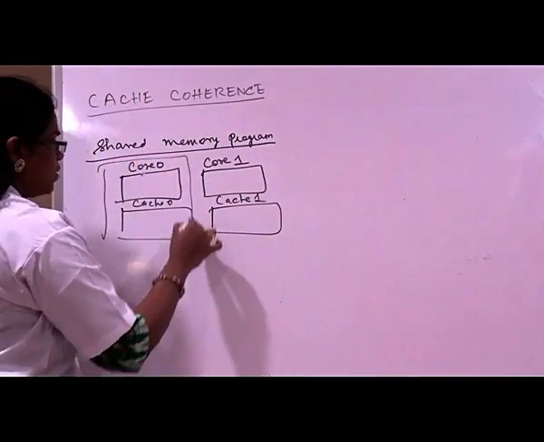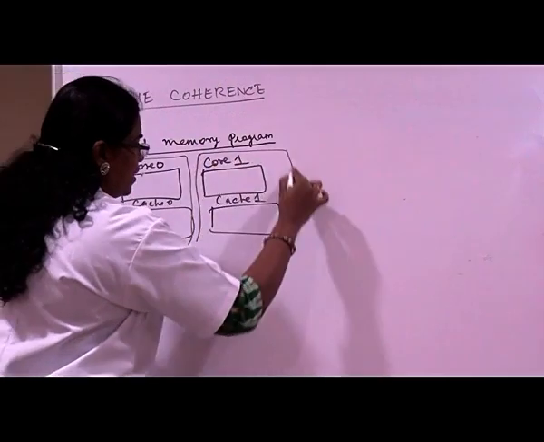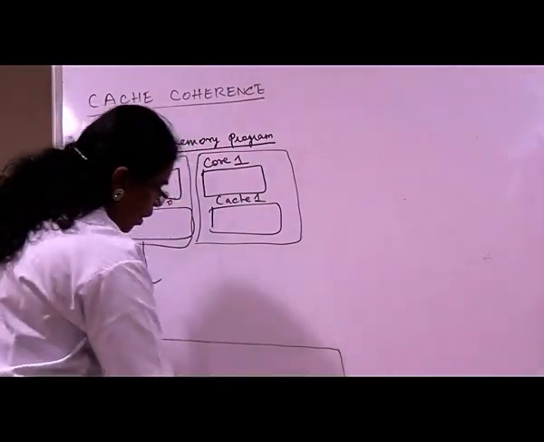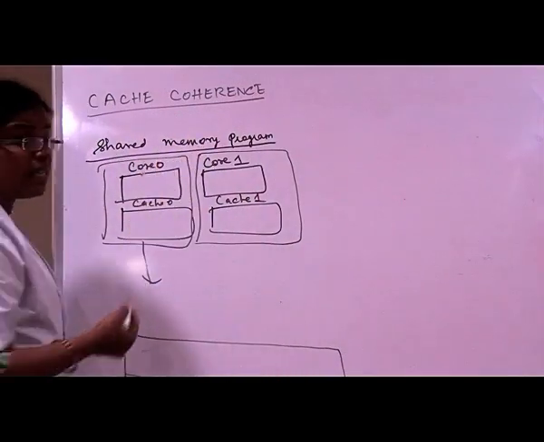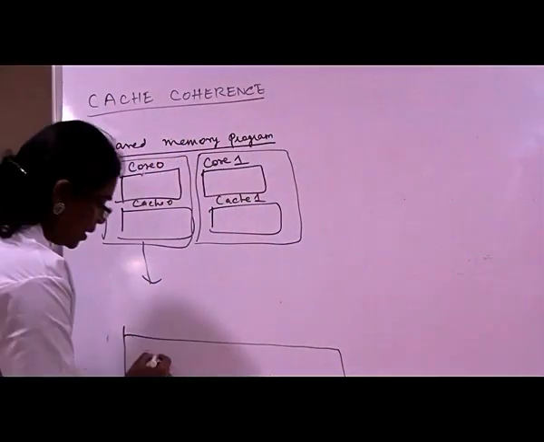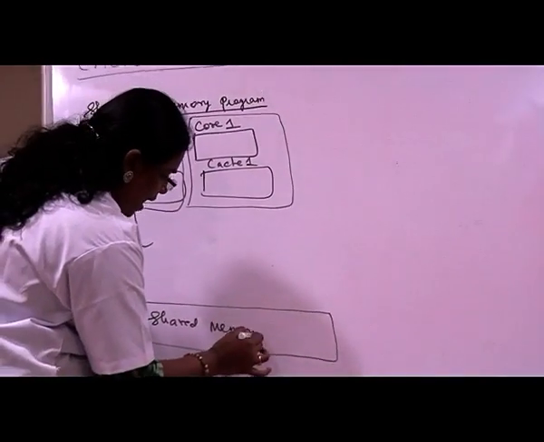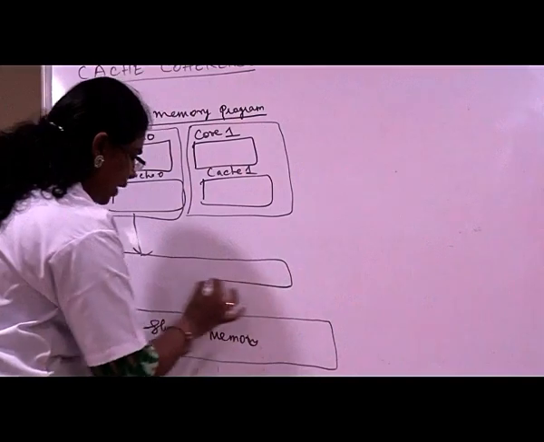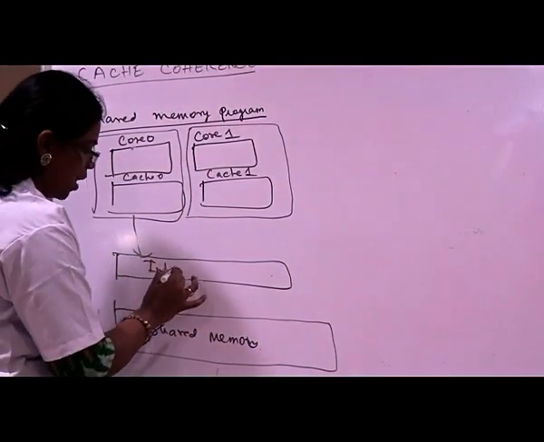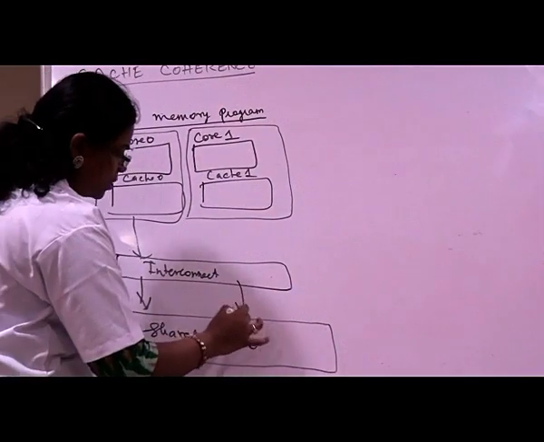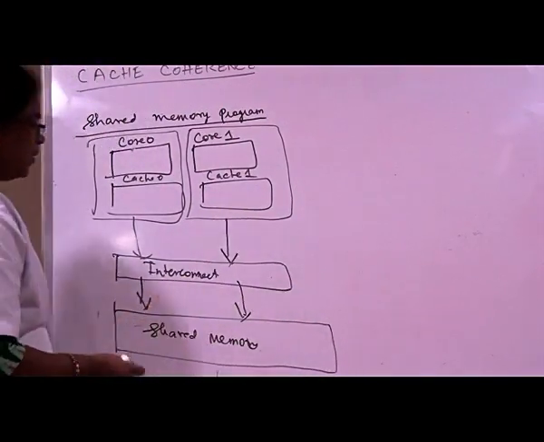Now, there is a common memory because we have taken a shared memory program as an example. They share a common shared memory, and there will be an interconnect. With the help of the interconnect, the interaction between the processor and the memory, and the data transfer between the memory and the processor, will take place.